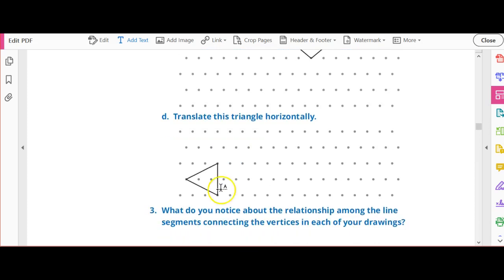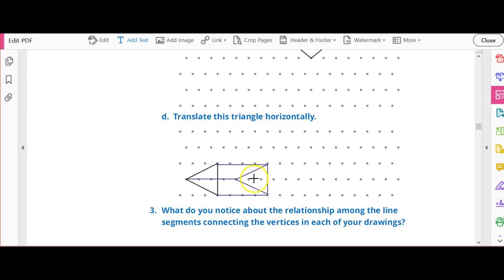And here is a horizontal, so we'll do that too. I will go back to using the straight line. So 1, 2, 3, 4. And I'll go back 4 dots. 1, 2, 3, 4. And here we go, 1, 2, 3, 4. Now I can connect these guys here, here, and here.